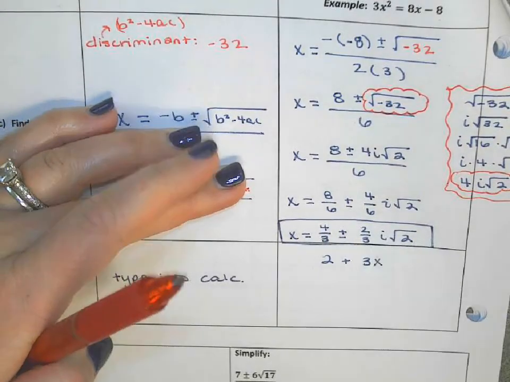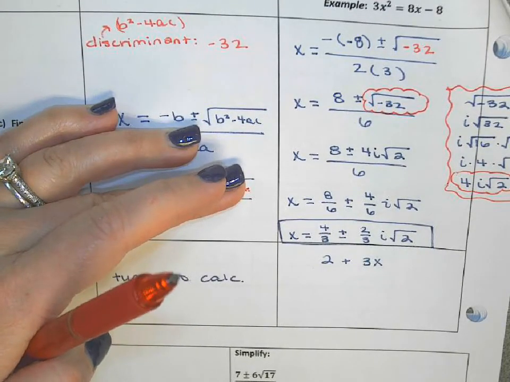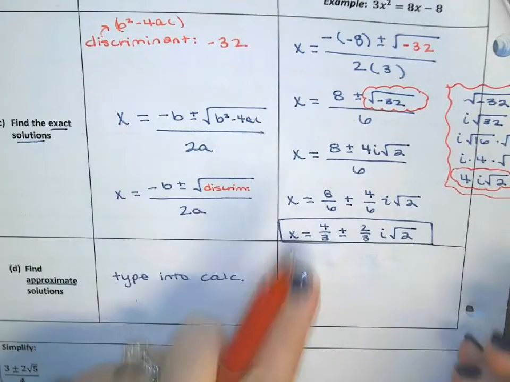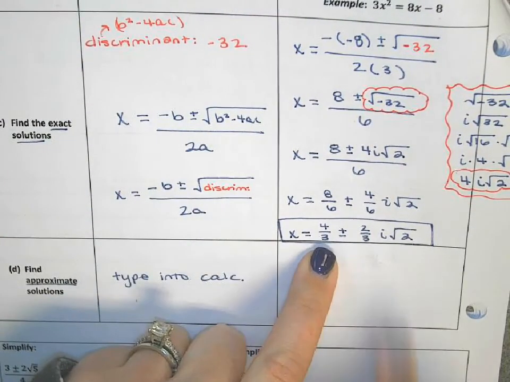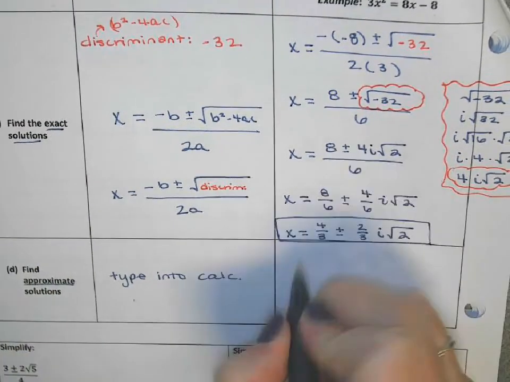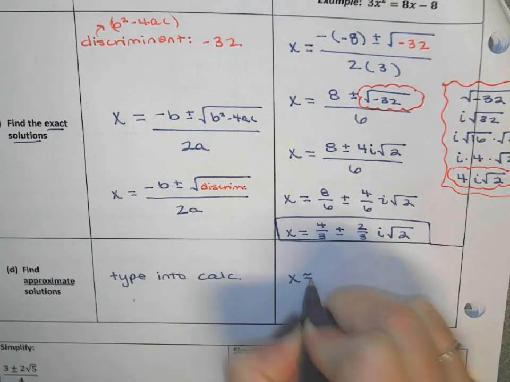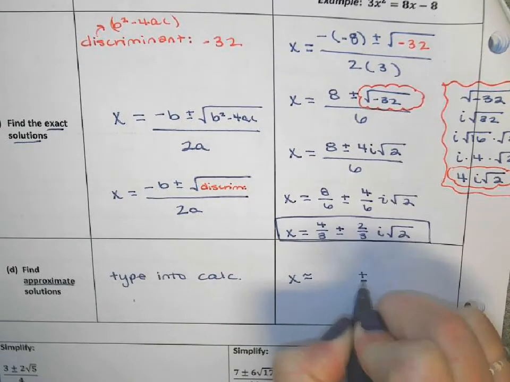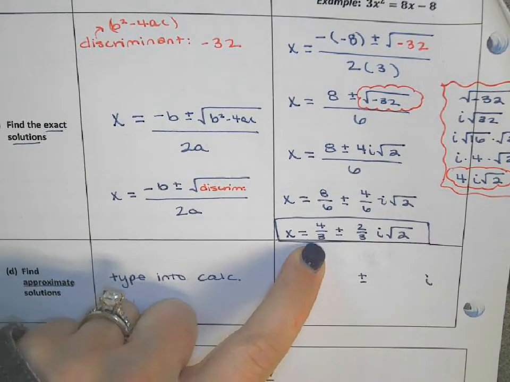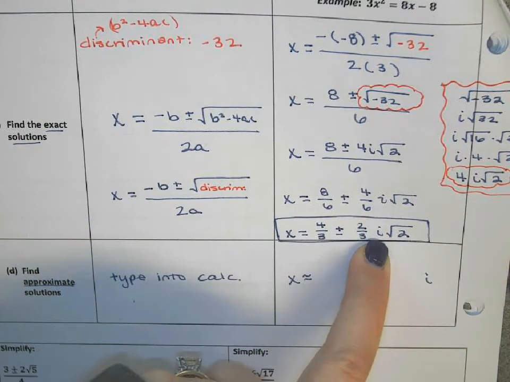These are not like terms, correct? So you can't combine them. The same way that up here you have a number and something i, you're not going to be able to combine these two terms. So your approximate solutions is going to be something plus or minus something i. I can already see that because I have a real part and I have an imaginary part for my two terms.